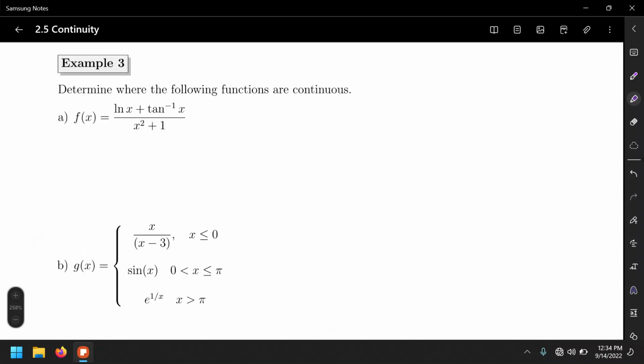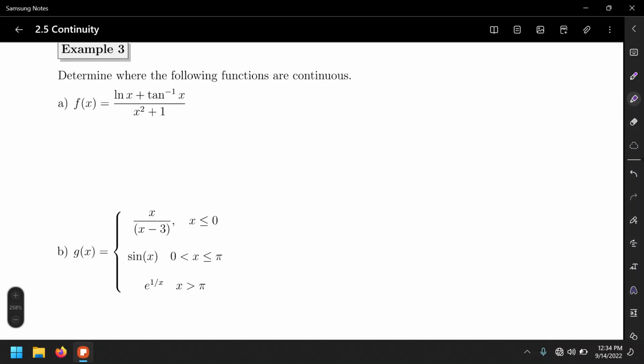So example number 3. Let's determine where the following functions are continuous. So let's look at the first example. We have ln of x plus inverse tangent of x, divided by x squared plus 1. So number 1, what do we have to do in this case?